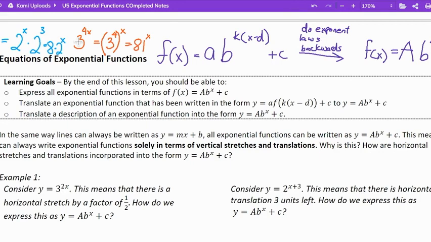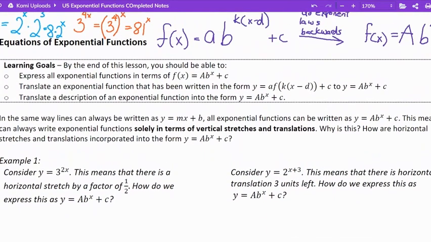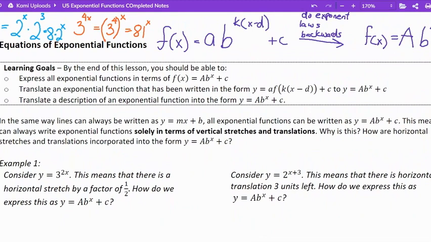So the whole idea, once again, is to simplify. We're taking something really complicated and trying to simplify it. In this case, our method is doing exponent laws backwards.